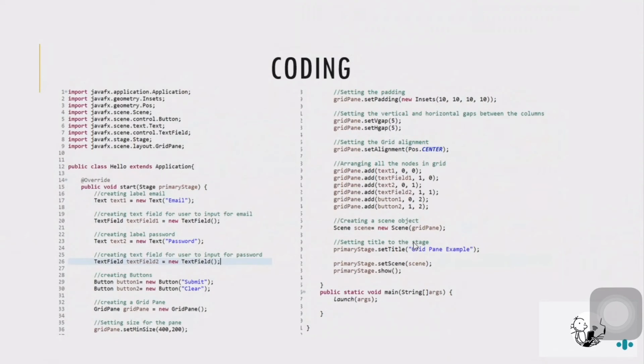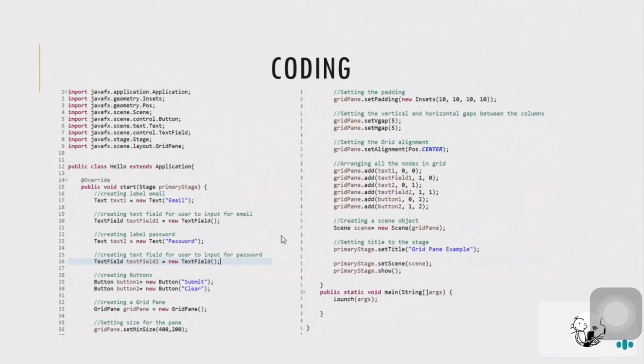And then we create a Scene object and set the title of the stage. For this part, we can put any title that we want, and we assign it to primaryStage.setTitle, GridPane example. In here I put primaryStage because in the public void start(Stage) I put primaryStage as well.